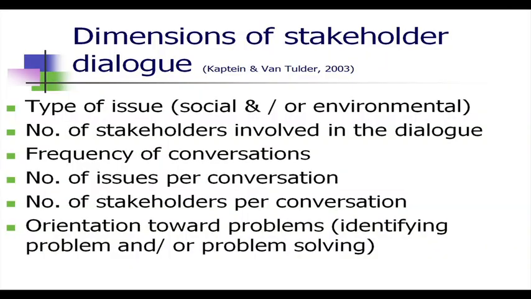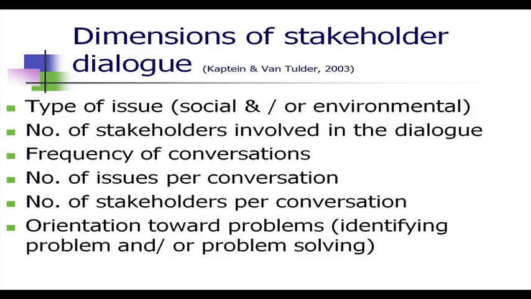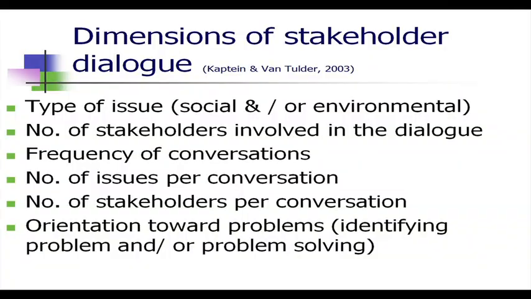Classifications of stakeholder dialogue. Okay, dimensions of stakeholder dialogue. Types of issue. Is it a social or environmental issue? What do you want to discuss in the dialogue? Number of stakeholders involved in the dialogue. That also makes a difference to how the dialogue will progress.